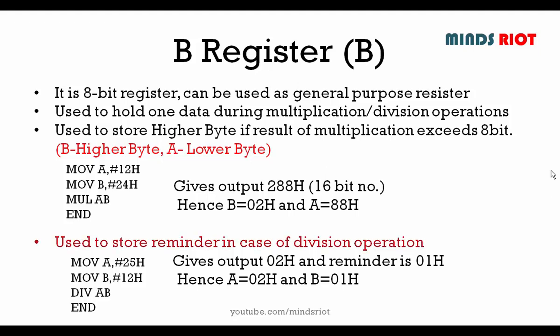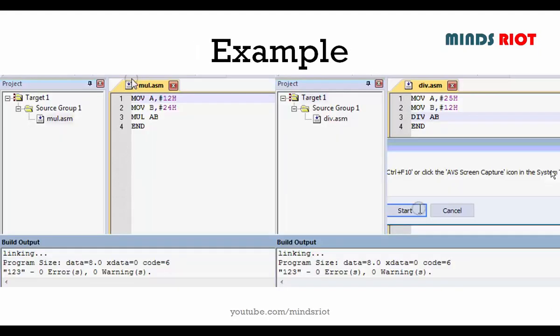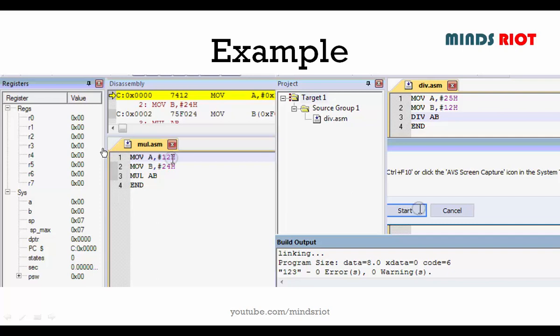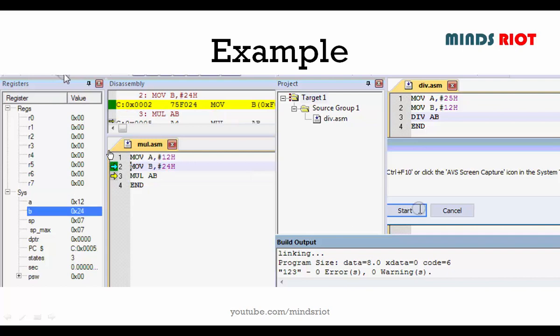Let's see examples practically. Now this is a multiplication operation. These are two 8-bit numbers 12H and 24H. Now content of accumulator is 12 and register B is 24.